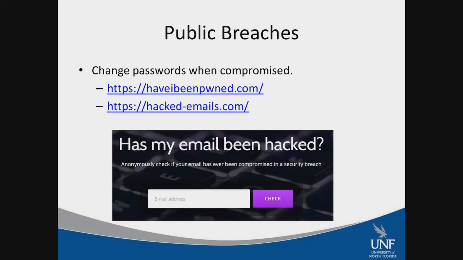So we talked about the hashes and how physical access is one way that you could get it. Another way you can get it, if you're an attacker, you don't even have to be there. Public breaches. If you go to either one of the two sites that I have on this slide, or many others, Have I Been Pwned actually just started keeping the hashes as well as the usernames of those breaches that are released.